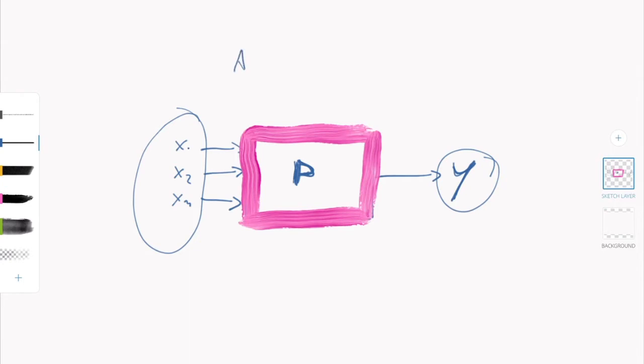So ANOVA, analysis of variance, will let you understand which ones of the x's on the left side, on the input side of your process, are really important in order to determine the distribution, so the mean value and standard deviation of your output, of your outcome, which is your Y. So you will discover if, for example, x1 and xn are important, and maybe if they interact one with the other. These are things that you cannot understand without a mathematical model.